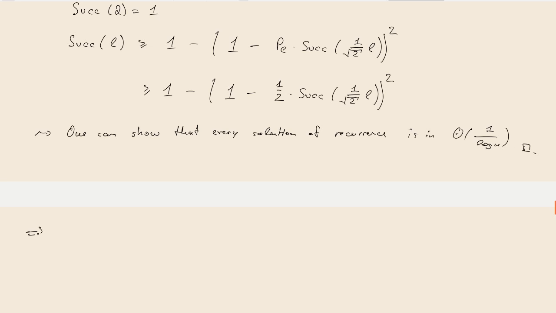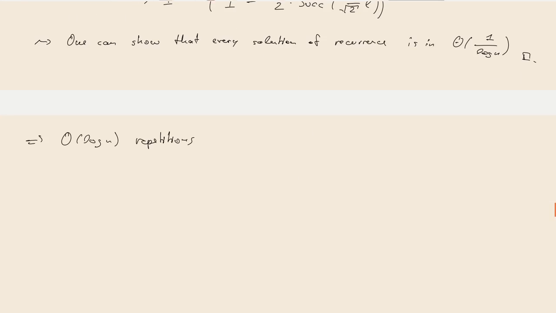And to make it a usable algorithm, we can use, well, log n repetitions, which then gives you constant probability. And if you want to do more, then you should maybe use log squared of n, or log n squared iterations.